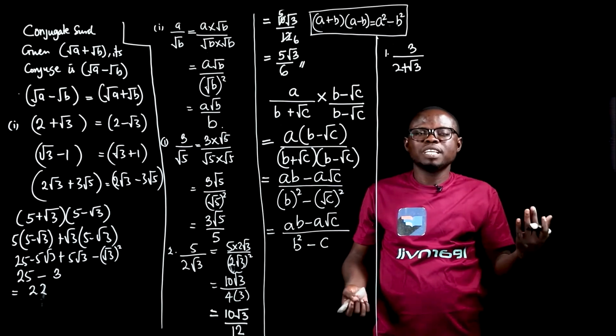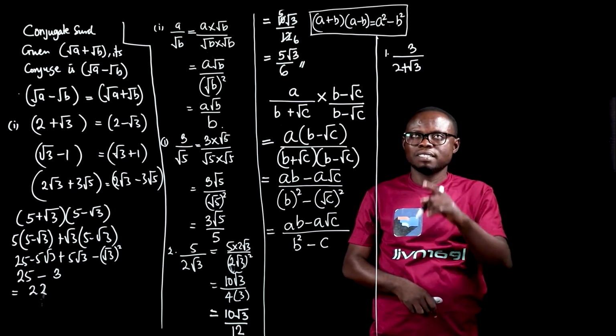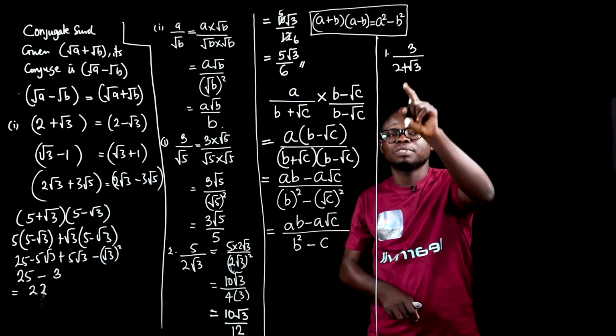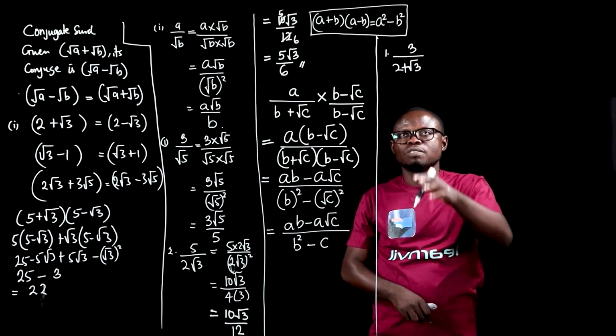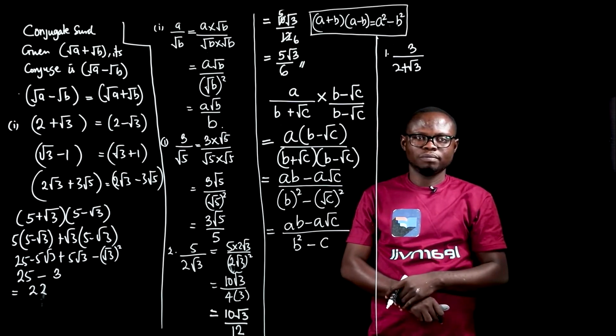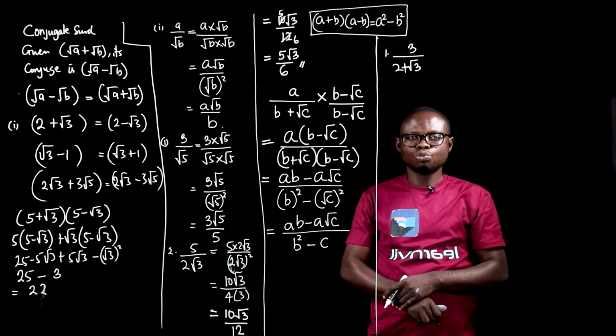To rationalize the denominator, 1. Identify that it is a binomial, 2 plus root 3. 2. Form the conjugate of 2 plus root 3. And obviously, it becomes 2 minus root 3.